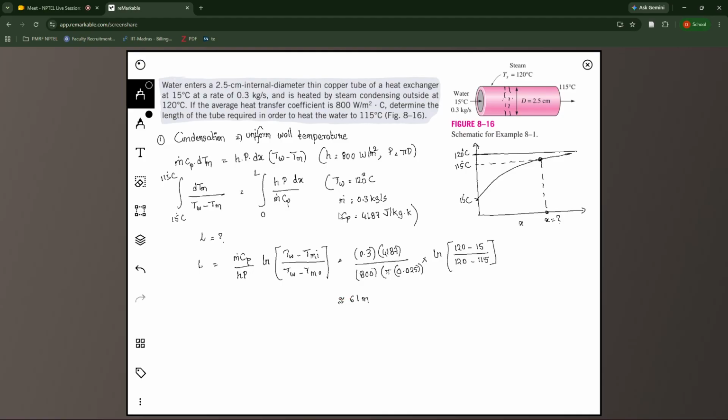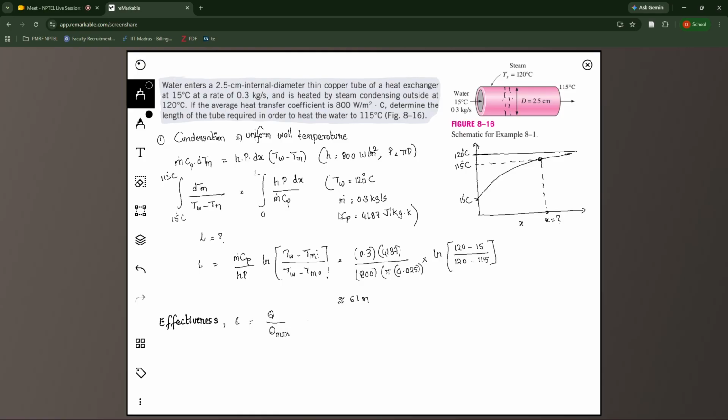There is another important concept that I have to discuss here, which we will use a little later, which is the concept of effectiveness, denoted with epsilon. You can define effectiveness as the heat transfer that is actually happening divided by the maximum heat transfer that is possible in that particular configuration.